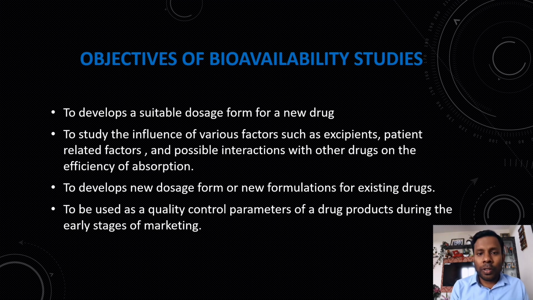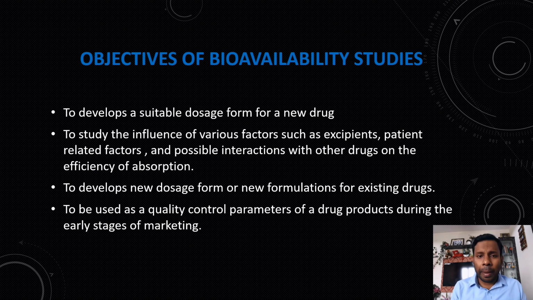So if you know the bioavailability, we can plan which dosage form will be best suited for that drug. Second point, to study the influence of various factors such as excipients, patient related factors, and possible interactions with other drugs on the efficiency of absorption.